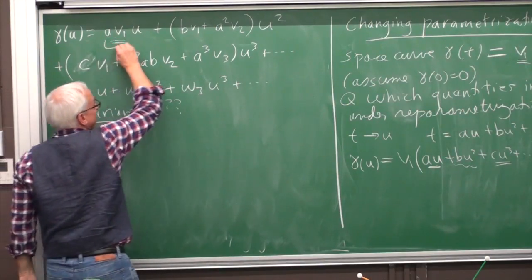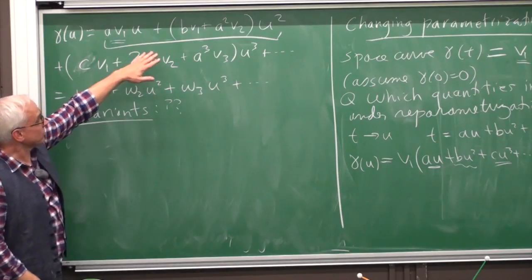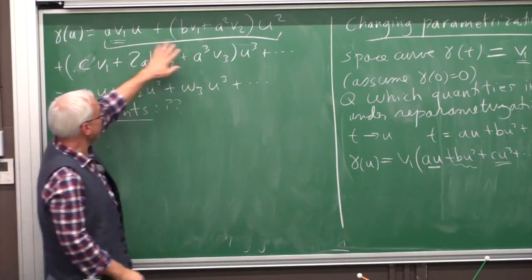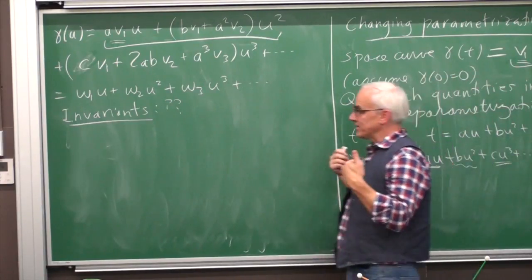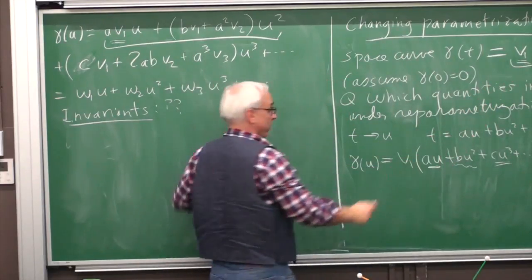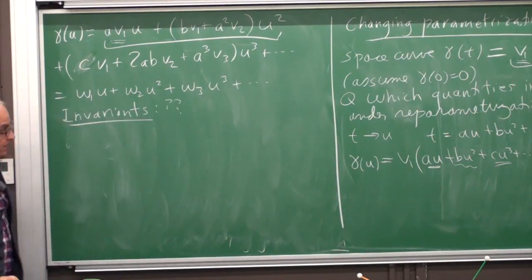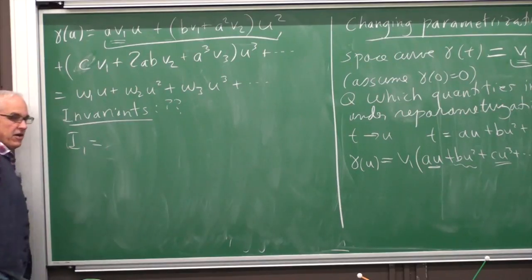All right, let's go to the second. Let's go to the linear and quadratic terms and compare this thing with this thing. Is there anything that we can write down which does not change when we go from here to here? Well, there is. The invariant is, let's call it invariant number 1.